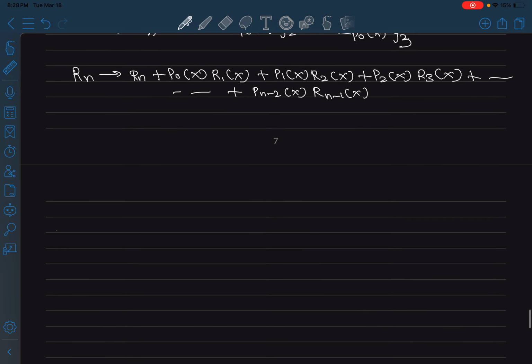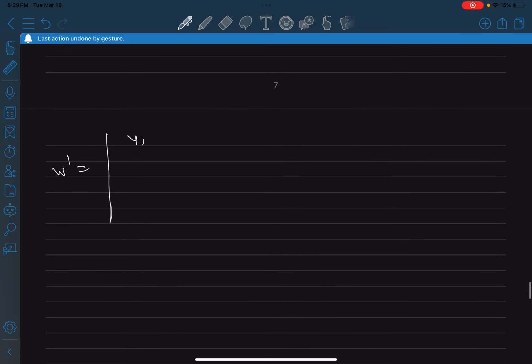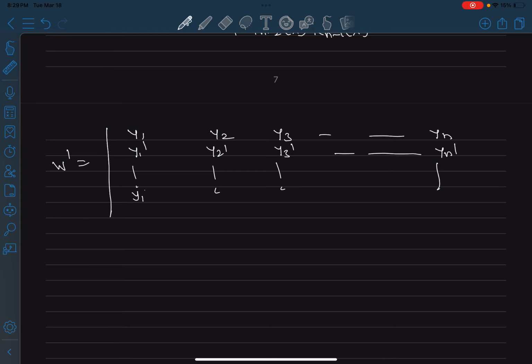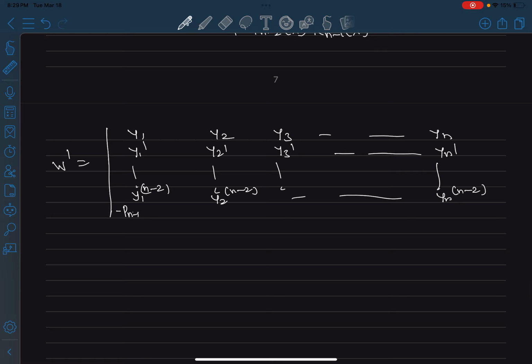The Wronskian prime is equal to this determinant: y1, y2, y3 up to yn, y1 prime, y2 prime, y3 prime, up to yn prime, and up to the n minus 2th derivative of each, and the last row will be negative pn minus 1 of x times y1 to the power n minus 1, negative pn minus 1 of x times y2 to the power n minus 1, and so on, up to negative pn minus 1 of x times yn to the power n minus 1.